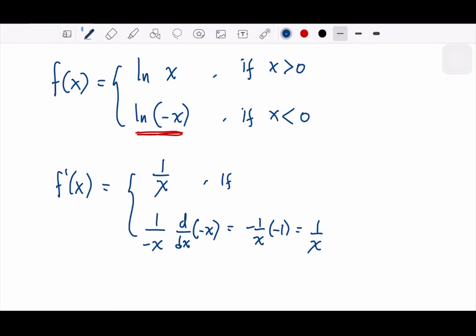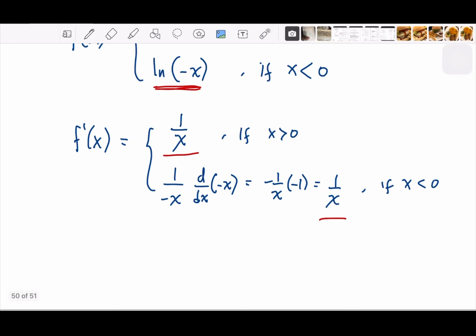Now, if we look at these two results, it's the same result, right? Now, if we think backwards, like in the integral, that's why when we integrate 1 over x, we need to write ln with absolute value, because it can be these two possibilities. It can be ln x or ln negative x. Okay, that's just a note.